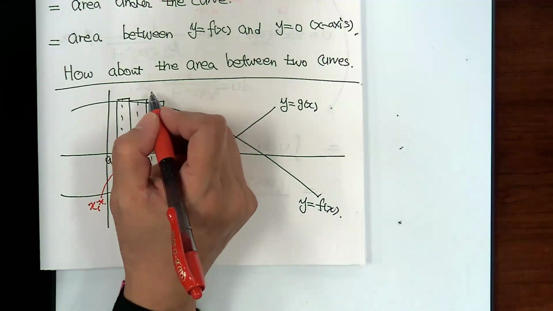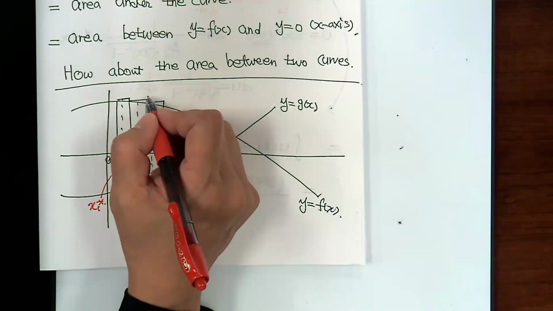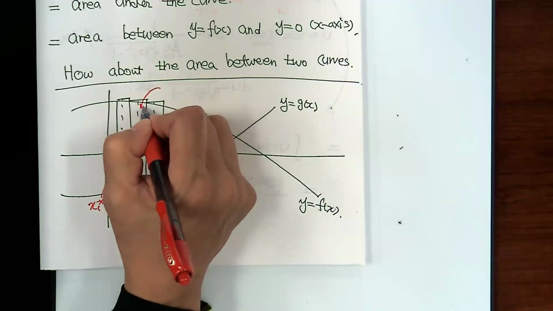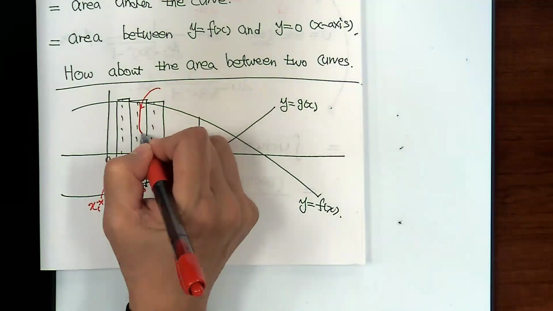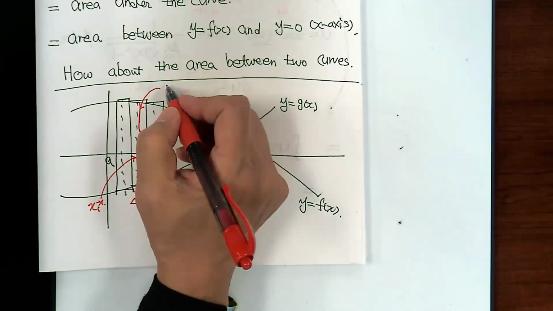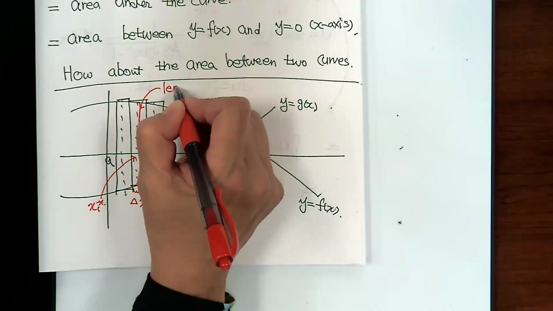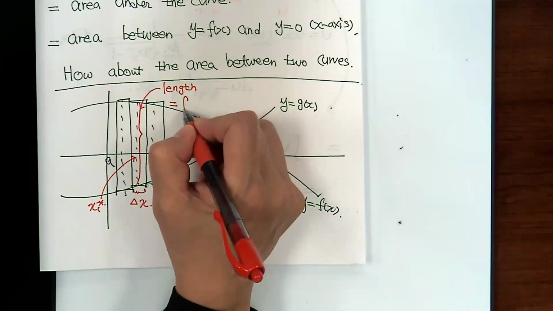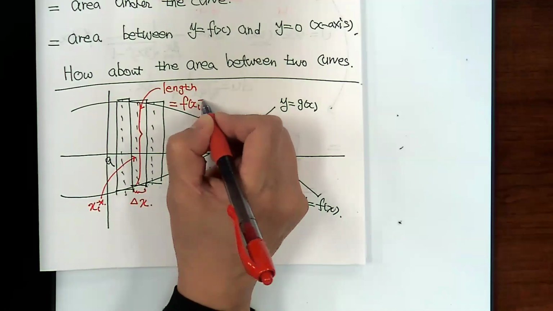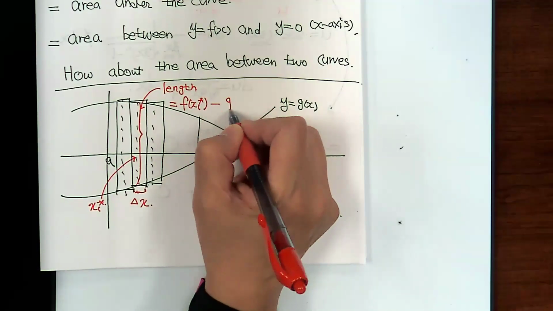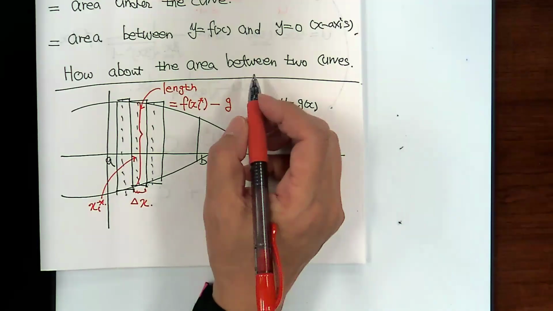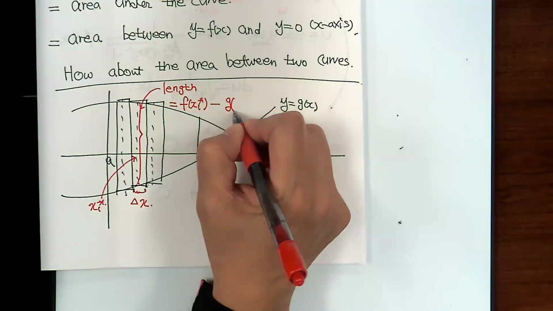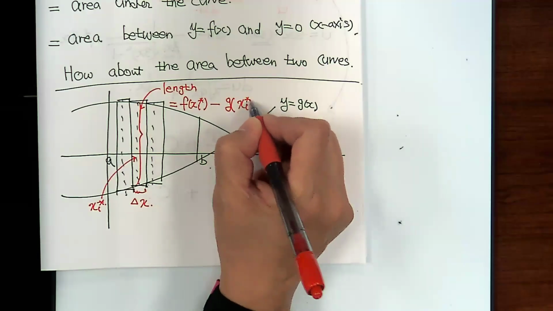Then the length of this rectangle, the length of this dotted line, is defined by the function values of f and g. So it is f of xi star minus g of xi star.